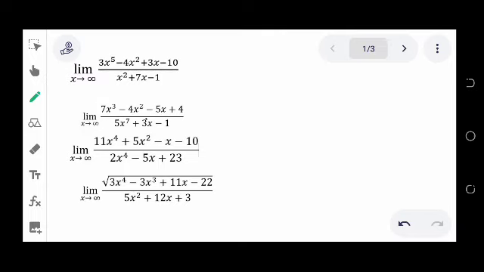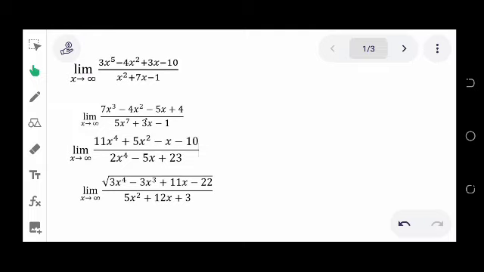Now, in today's video, I will teach you a shorter way on how to find the infinite limits of rational algebraic functions. If you look at these four examples here, all of these are rational algebraic functions, and their limits are set at infinity.